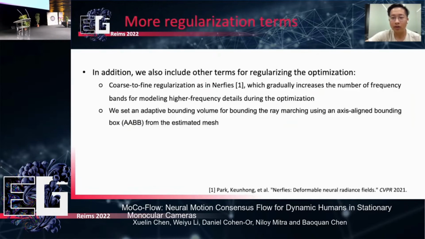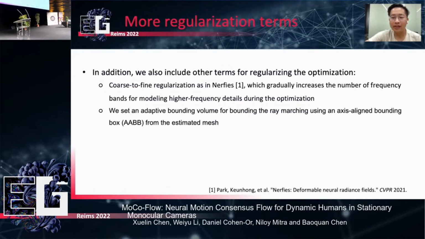In addition, we also include other terms for regularizing the optimization. Inspired by NeRFace, we also employ a coarse-to-fine annealing strategy to gradually optimize the neural dynamic scene from modeling low-frequency details to high-frequency details. This is done by gradually increasing the number of frequency bands of the positional encoding.